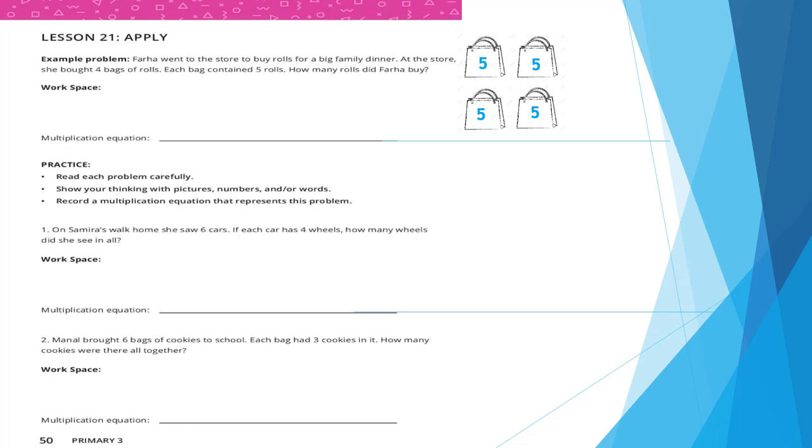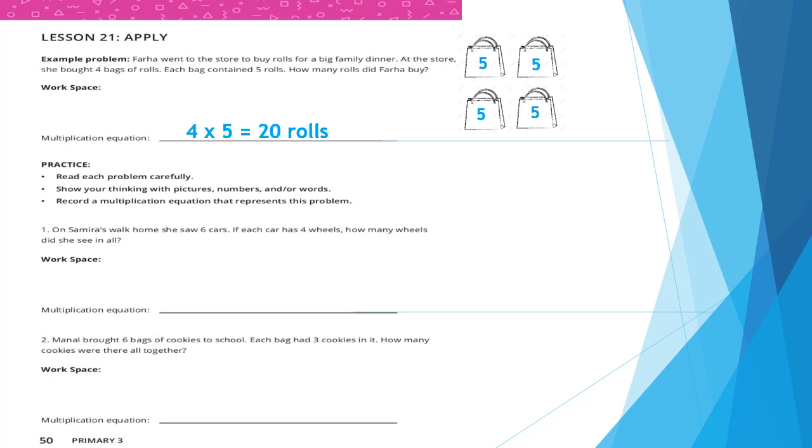So we have 4 bags of 5 rolls in each bag. The multiplication equation will be 4 times 5, because the 5 here is repeated 4 times. So 4 times 5 equals 20 rolls.